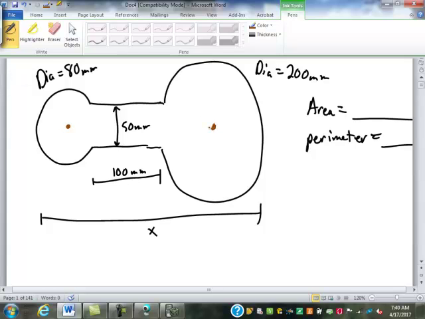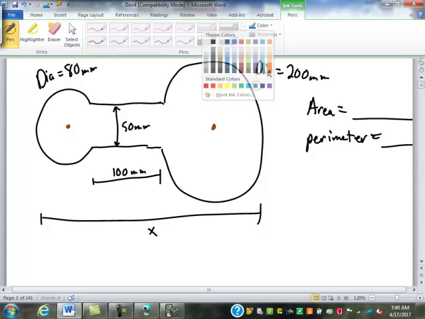Well, first, I was going to do the diameter. Find the circumference. Well, the thing is, we don't have a total circumference, but we can find the circumference of the whole circle for each.